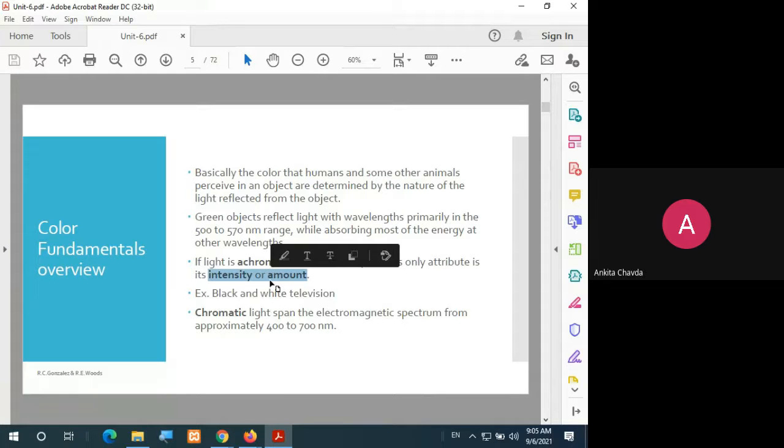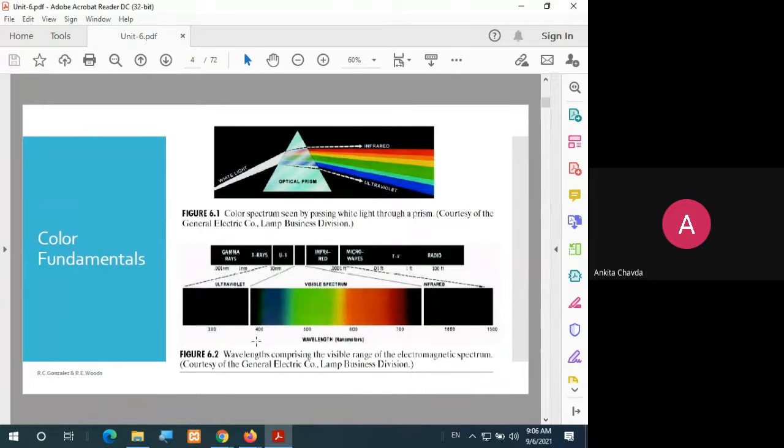If it is 0, then it is known as black color. If it is 255, then it would be white color, right? And so on. If there is chromatic light, then it spans the electromagnetic spectrum from approximately 400 to 700 nm. So approximately from 400 to 700, the lights would be visible in the spectrum.